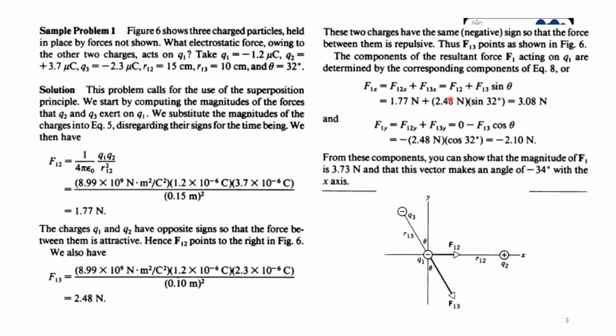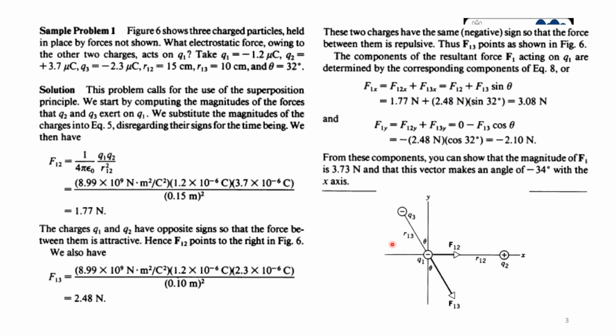Why do we use only F12? Because if we see the force vector, F12 is purely on the x axis, there is no component towards the y axis, so the y component of F12 will be 0.